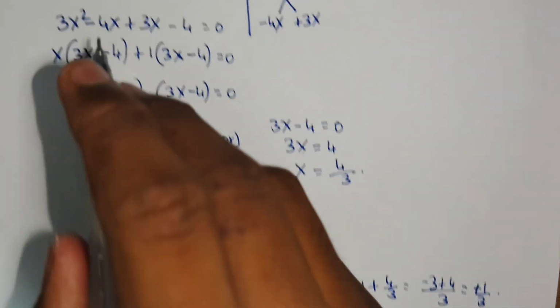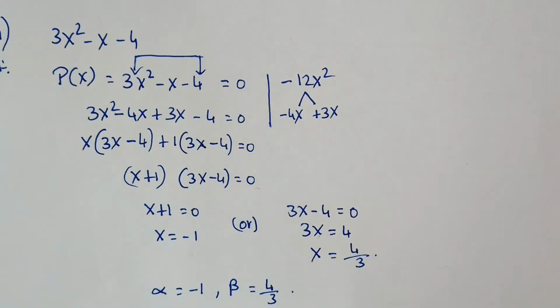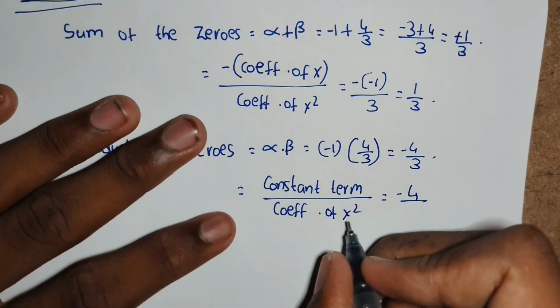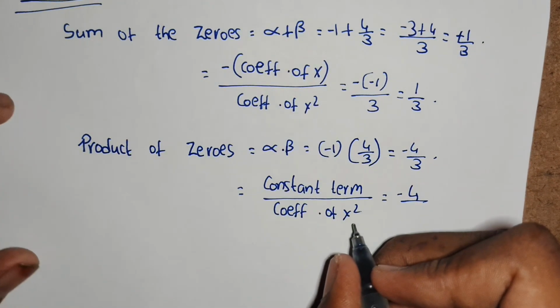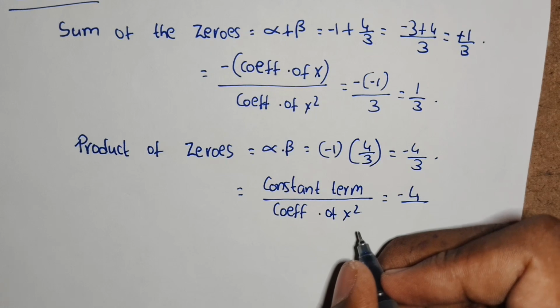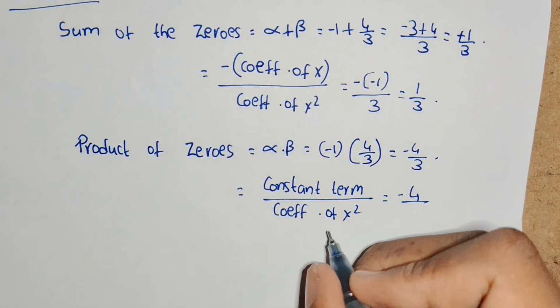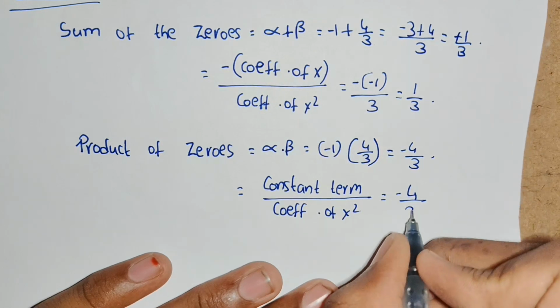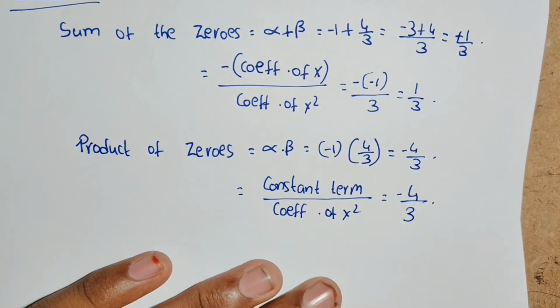What is constant term here? -4. -4 by coefficient of x square. Coefficient of x square is 3. So equals to -4 by 3.